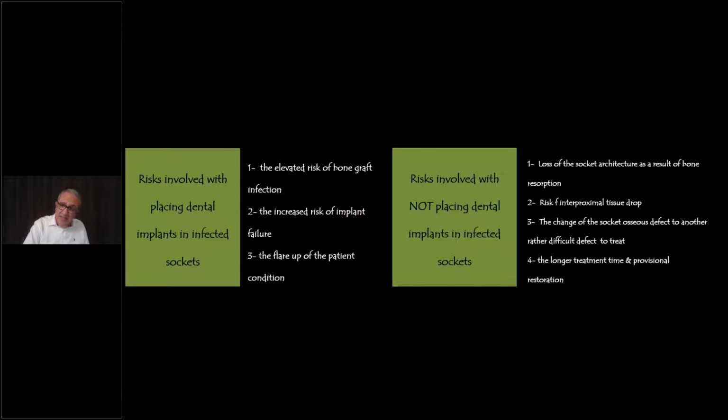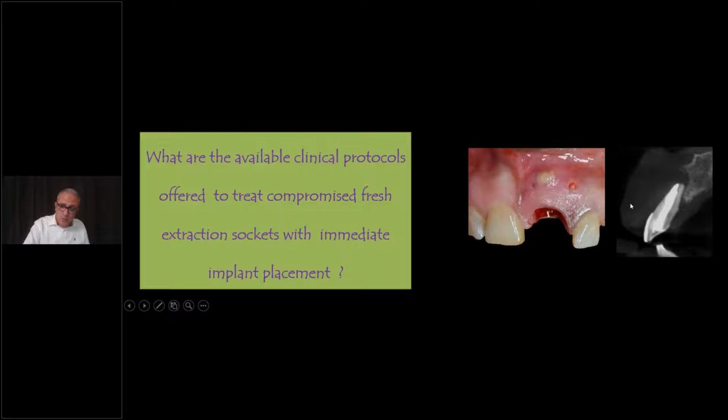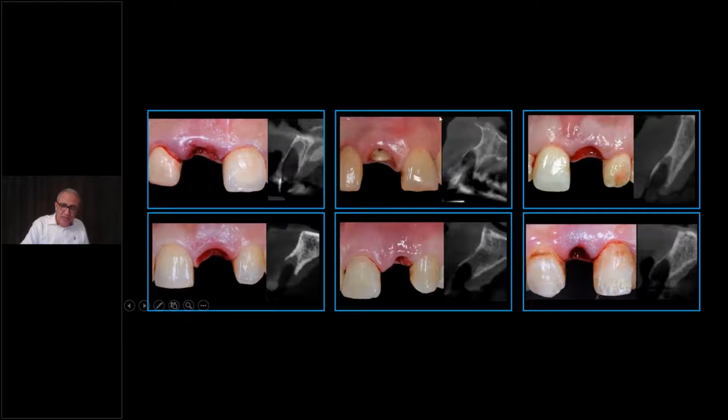But if you had a case like this, what would you do? Partial loss of the labial plate, partial loss of palatal plate bone, and complete loss of the labial plate bone with active signs of infection. What are the options? Now I'm not talking about these sockets. I'm talking about these sockets.